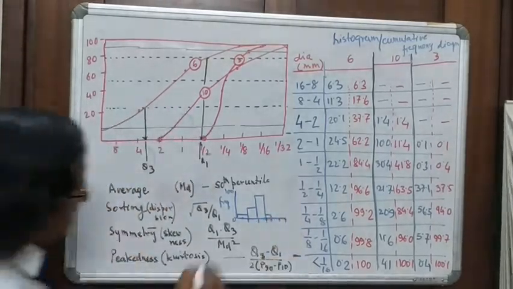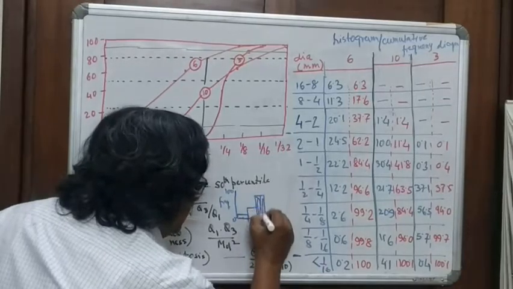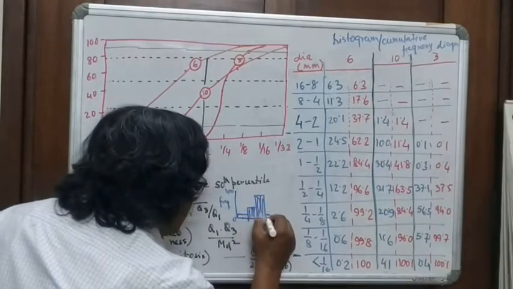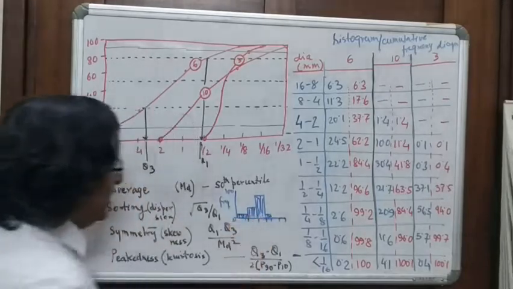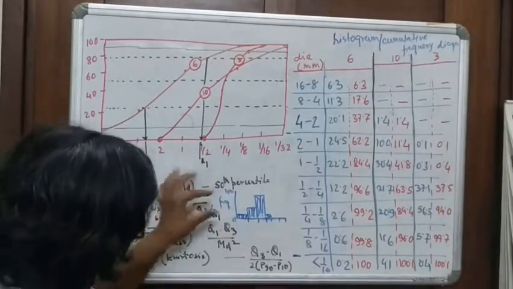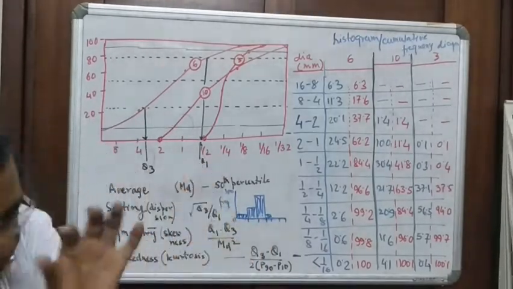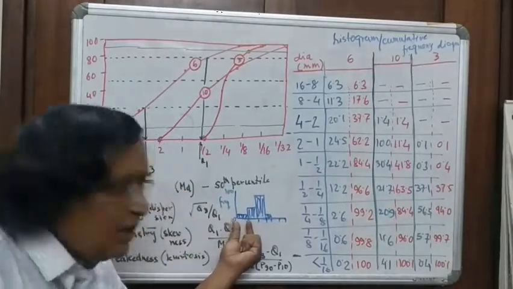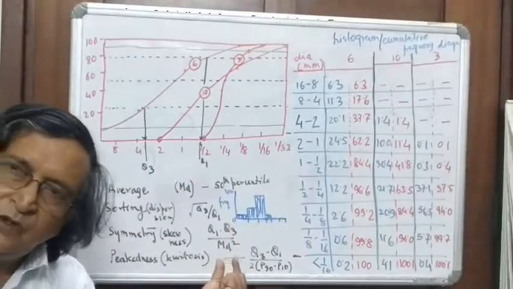So these different bars in a histogram tell you the amount or the frequency in which this class interval occurs. Have you understood?